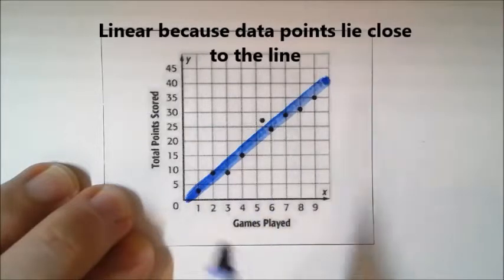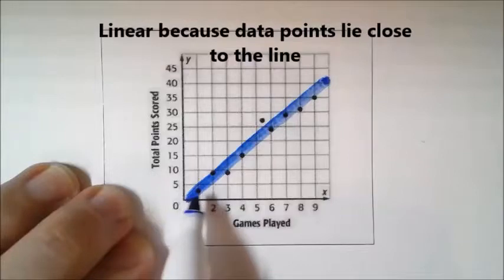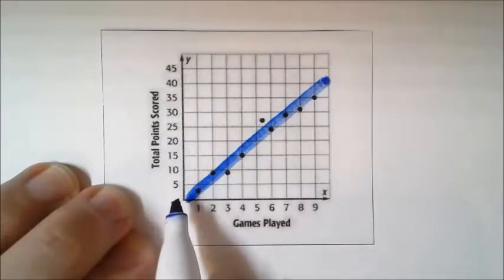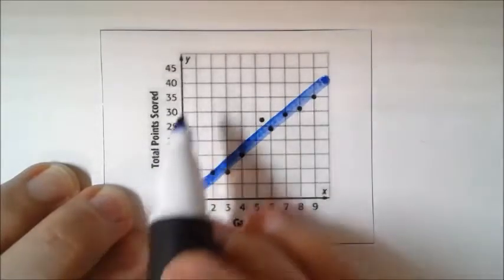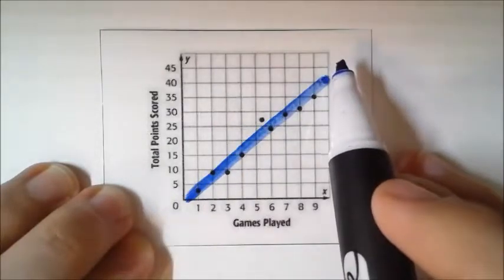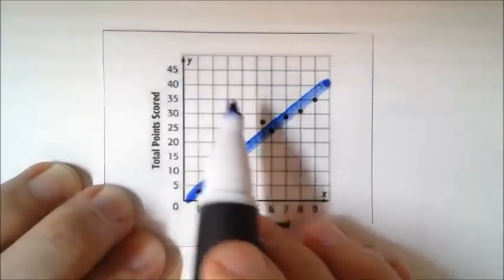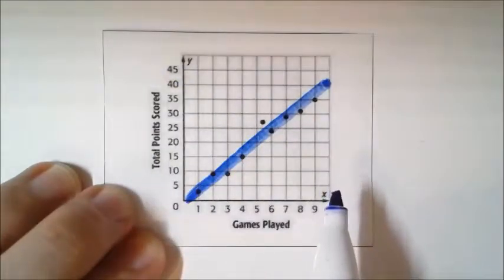Then we need to look and see, as we move from left to right across the graph, would we be walking up or walking down? If we're walking up as we move from left to right, then it is a positive association. If we were walking down, it is a negative association.